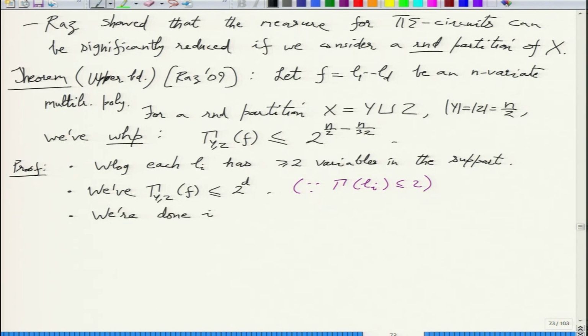So we are done if in particular D is less than n by 3, right, because then you get an upper bound of 2 raised to n by 3, which is even smaller than what you wanted to show. So we'll assume that D is at least n by 3, and each Li has at least 2 variables, and the Li's have disjoint variables, right.